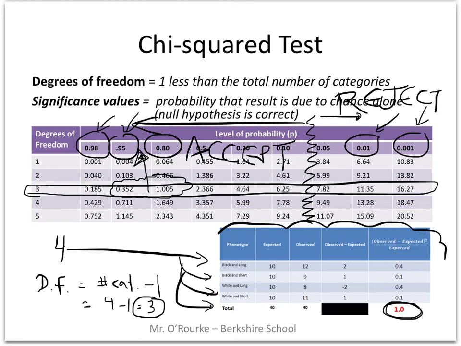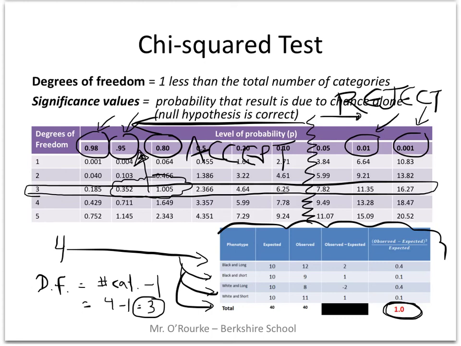Right, it's that these genes aren't linked, that there is no relationship, there is no difference from the expected outcome. In this case, if I have a chi-squared value that's that small, I'm going to say that this is very, very likely due to chance, that any little observed differences are due to chance alone. And that's going to be something where I feel like there is no relationship between the observed and the expected.